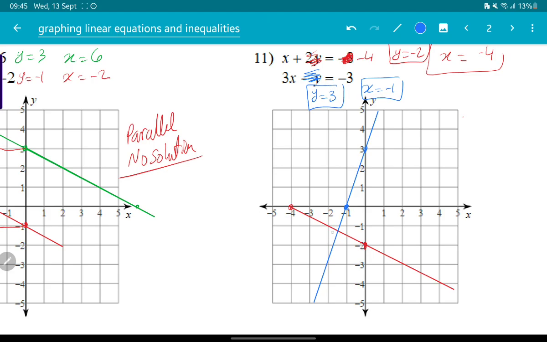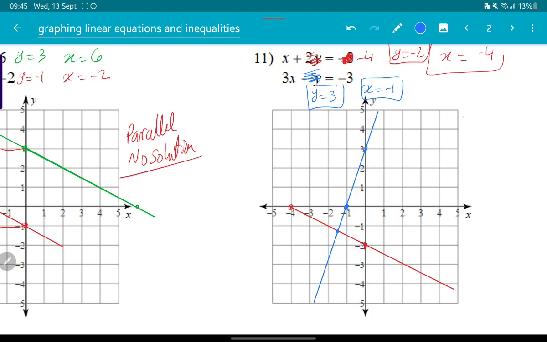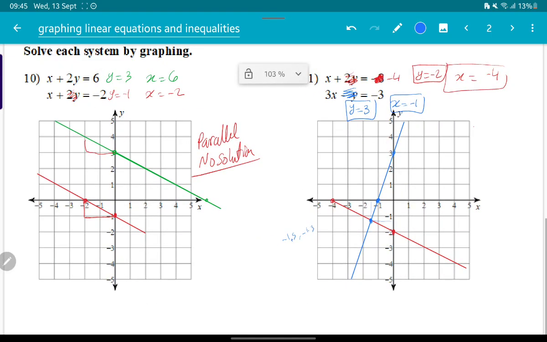Okay, so the answer here will be this point. This is negative 1.5, for example, and this is negative 1.3. So the answer is negative 1.5, negative 1.3. If we did it with the 8, this would be different and they will intersect at a certain point.